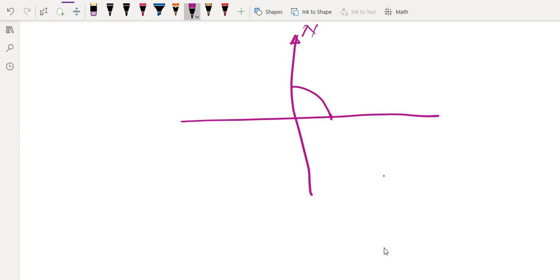This is what? 90, but it has not reached 150, right? How many more do you need to get to 150? 60. So if you turn 60 more after you have turned 90, you get 150. So here must be 60 degrees because this is 90. Understood? Then 340 degrees.